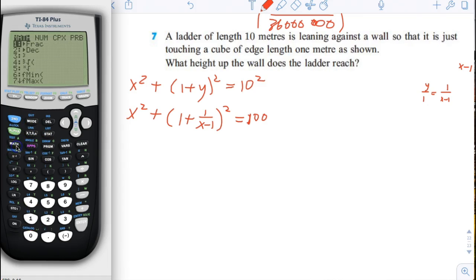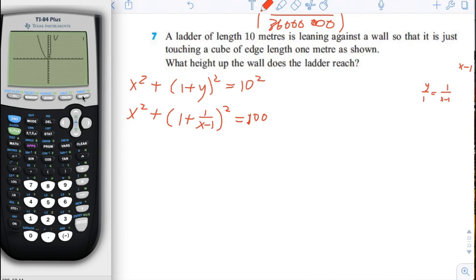There's a mode you can go into here to make a fraction, so you don't have to use so many parentheses. It's kind of annoying to do so many parentheses. Squared. Okay, so that's one side, and the right side would be 100. And what we want to know is when these intersect on the graph.